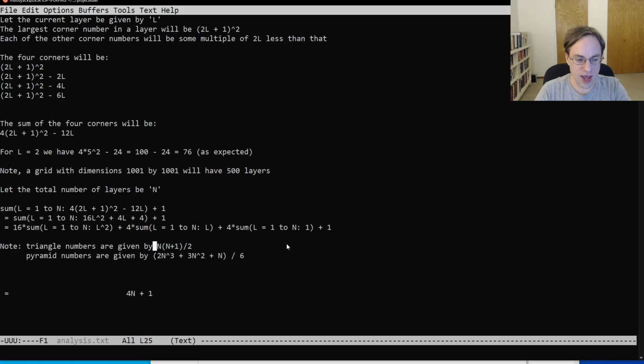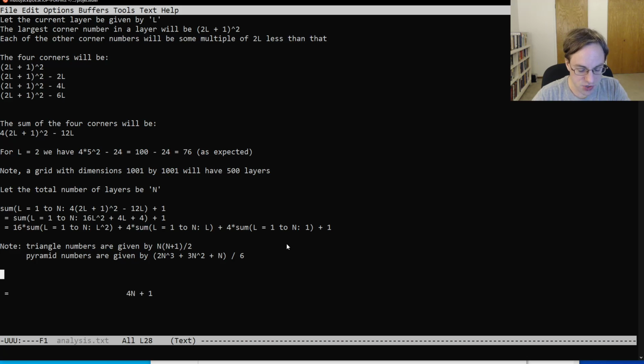And so the triangle numbers are just the sum of the integers, that is this second sum here, and the pyramid numbers are given by the sum of the squares, this first sum here. And I did a previous video on the triangle numbers and the pyramid numbers, and so I'll link to that in the description if you want more details on how we can derive these expressions.